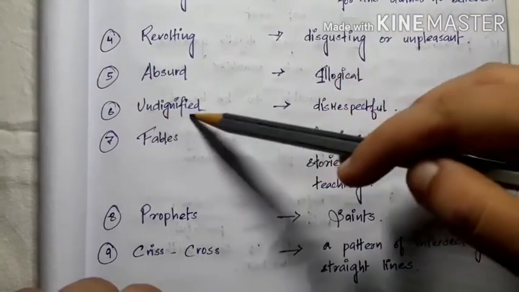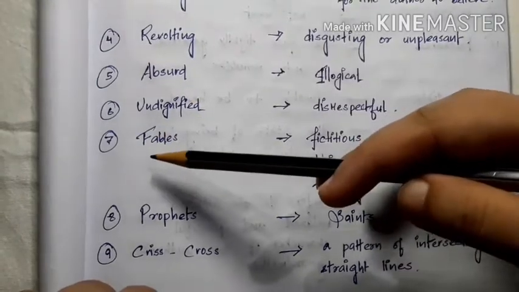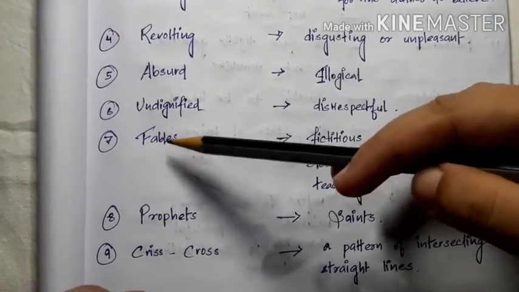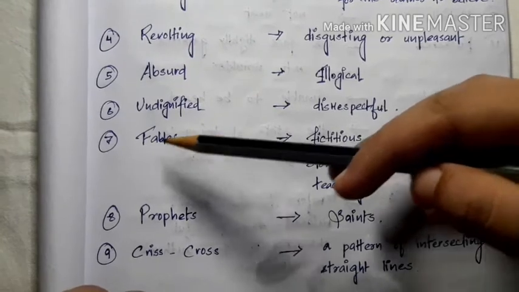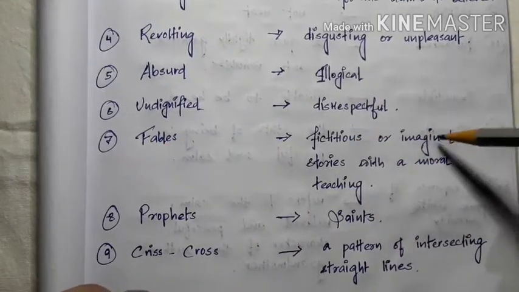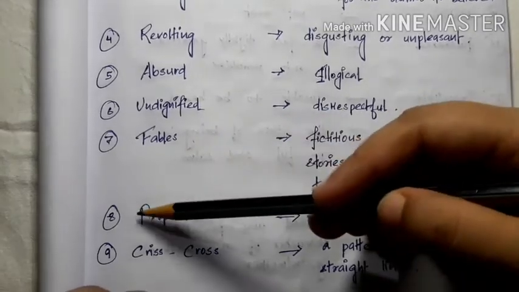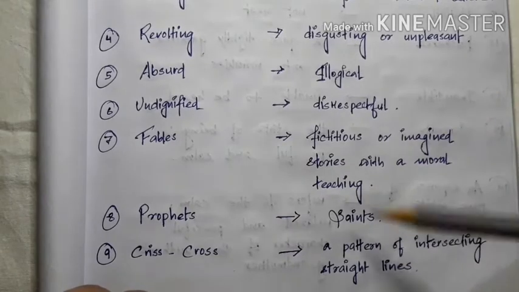Number 6, undignified, meaning disrespectful. Number 7, fables, F-A-B-L-E-S, meaning fictitious or imagined stories with a moral teaching. Number 8, prophets, meaning saints.